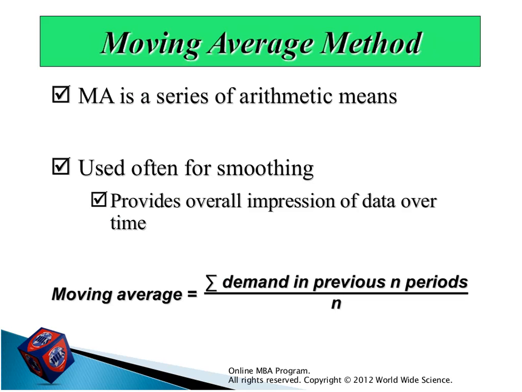Moving average method or MA. MA or moving average method is the first quantitative method that can be used by operation managers to forecast in the future. Moving average is the formula: sigma demand in previous n periods, for example, last 3 months, last 5 months, divided by them can give you a forecast demand for next month or 2 months later.